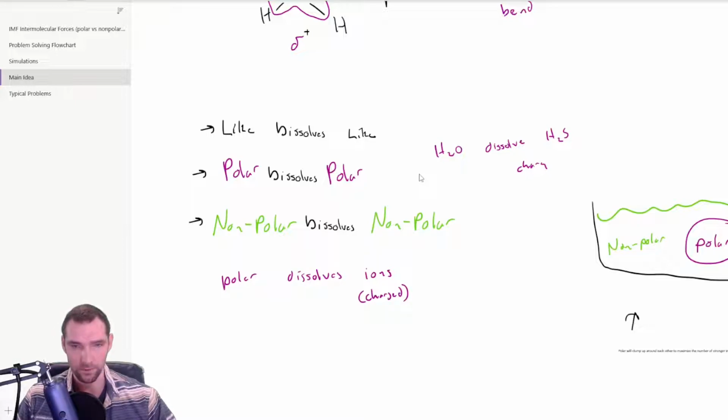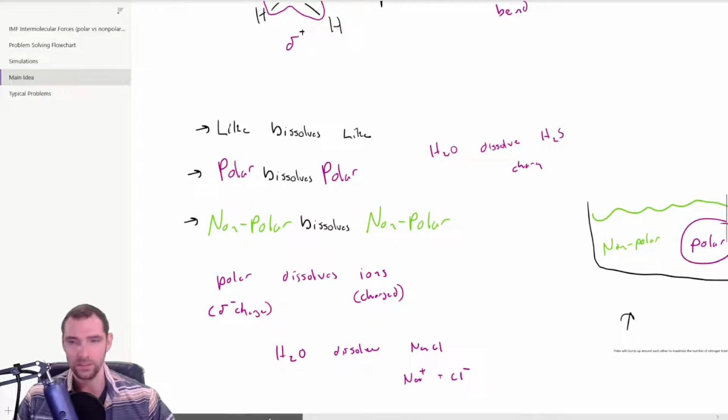So these are like the partial charges. The partial charges are going to actually dissolve ions pretty well. So like water dissolves NaCl very well because that likes to ionize to those two ions. That dissolves pretty well.